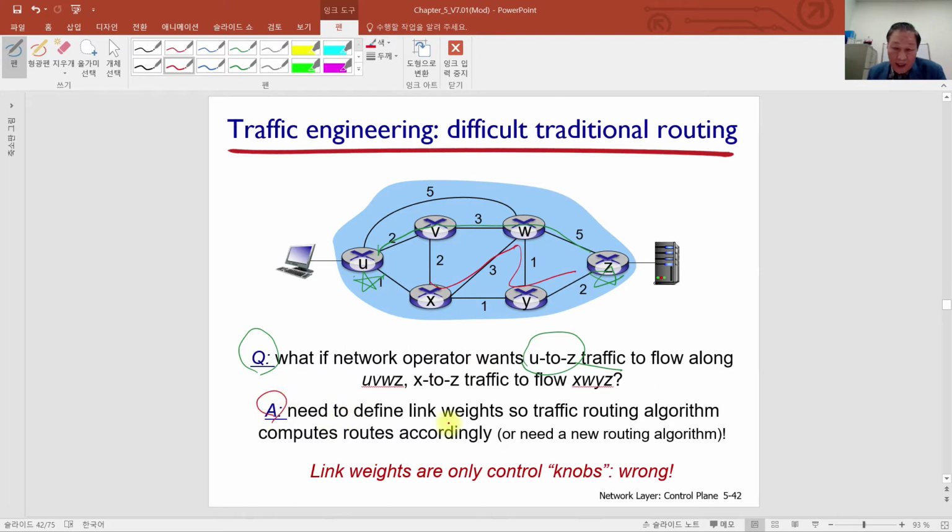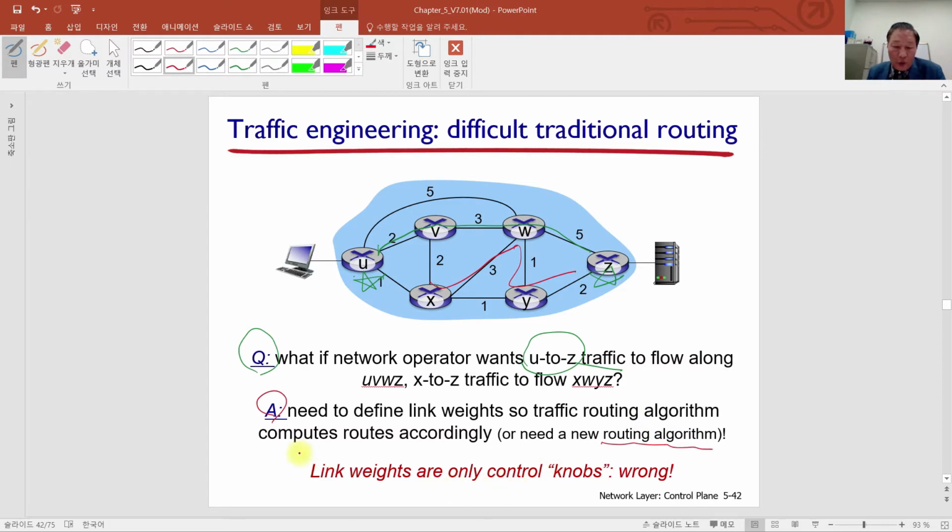We need to define link weights so that the traffic routing algorithm computes routes accordingly. That means the current traditional routing algorithm cannot deal with this kind of requirement. One needs a new routing algorithm, and it is difficult and complicated.